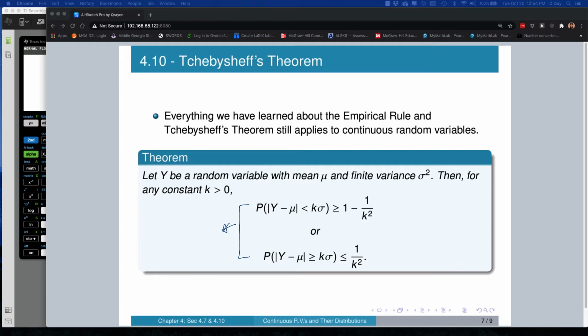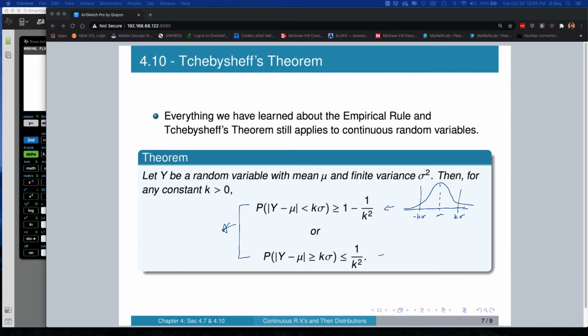It's still all about finding the k value so that you can find the probability of observing being so many standard deviations away from the mean. Recall this one here finds the area between two values that are k standard deviations above and below the mean, right? This represents negative k sigma and positive k times sigma away from the mean.